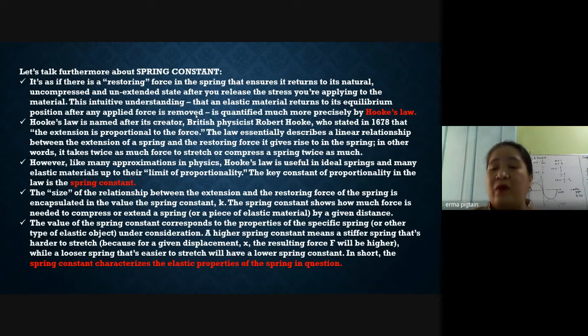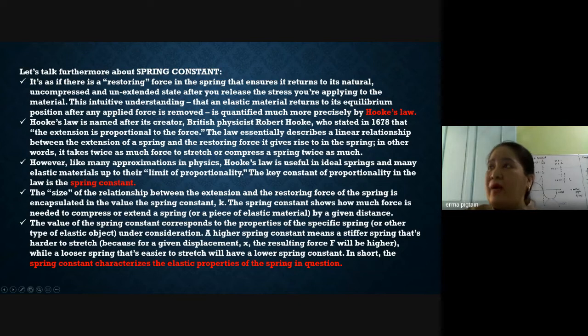So, ano sabihin mo? Madi-deform na talaga totally yung object. Hindi na siya babalik sa kanyang original state or original na itsura. Let's say yung rubber band, pag nag-go beyond the elastic limit, mapapatid yun, di ba? So pag napatid, permanent deformation na yan. Hindi na natin yun maibabalik sa kanyang original na itsura.